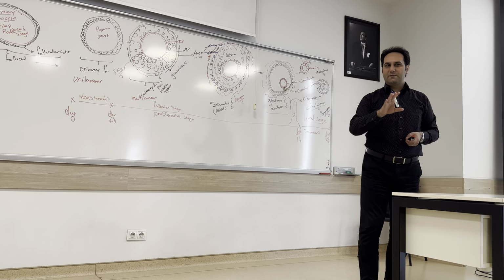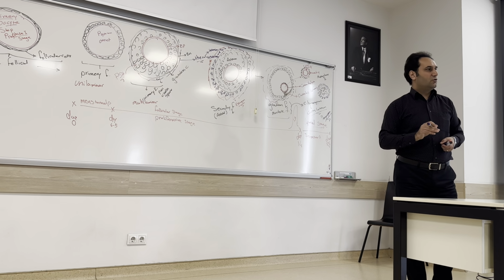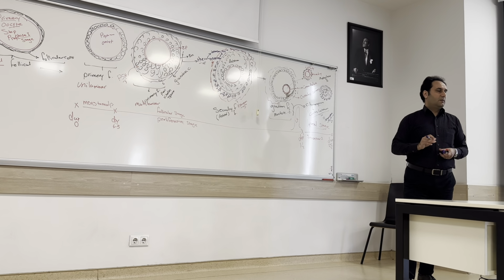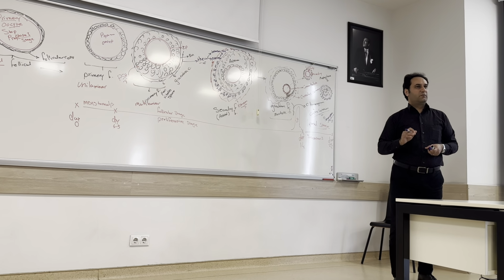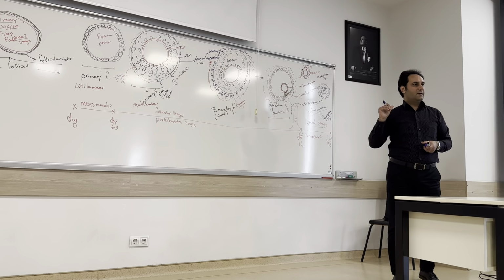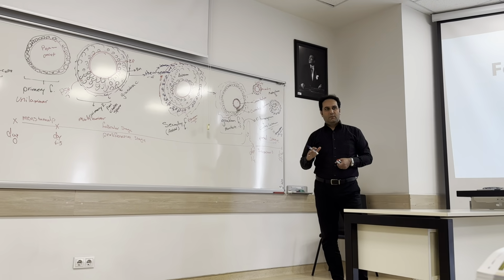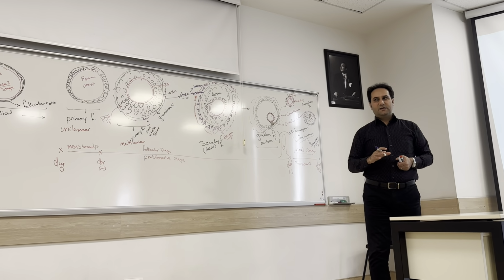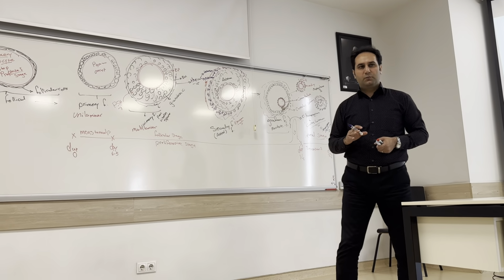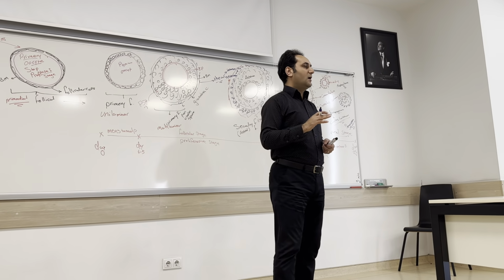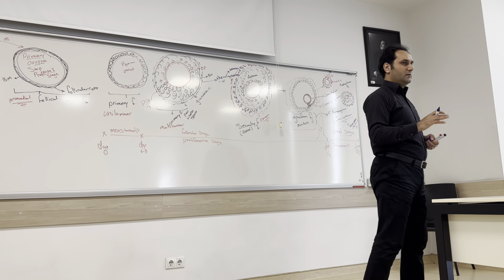The corpus luteum continues the secretion of progesterone under the effect of human chorionic gonadotropin, which comes from the syncytiotrophoblasts of the embryo. In pregnancy, the corpus luteum continues to produce progesterone until week 20.